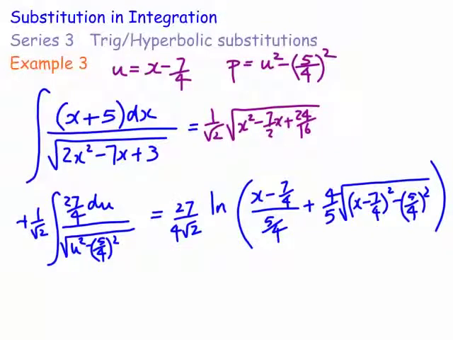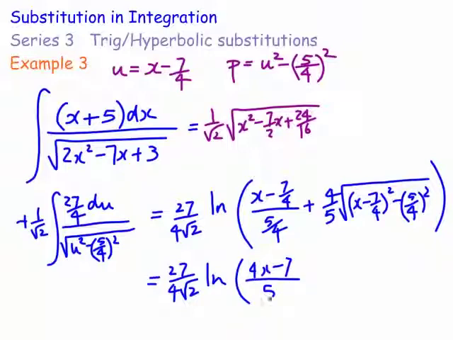Second part of the integral. You can see a few things we could do. We have 27 on 4 root 2 times ln, and we could write that as 4x minus 7 on 5, where the 4s would cancel, plus 4 on 5.